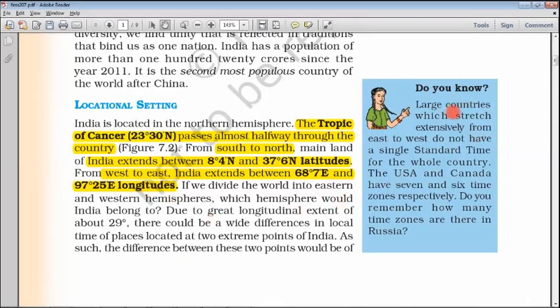Here they are saying that large countries which stretch extensively from east to west have multiple time zones. Very big countries like the USA and Canada have 6 and 7 time zones respectively, and Russia has even more time zones than the USA and Canada. India is comparatively a big country, because we have 29 degrees of difference from east to west.